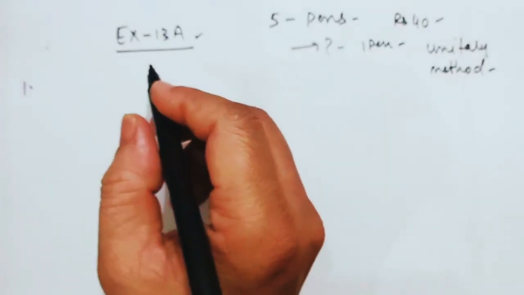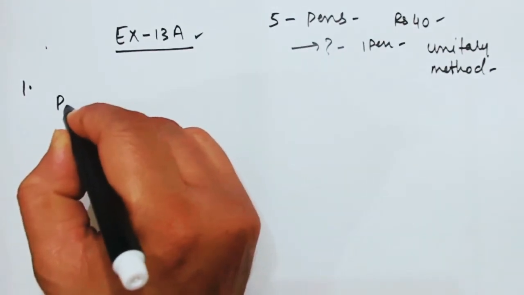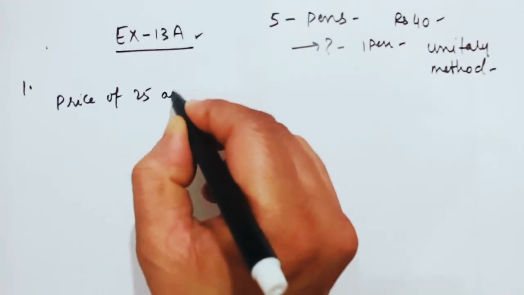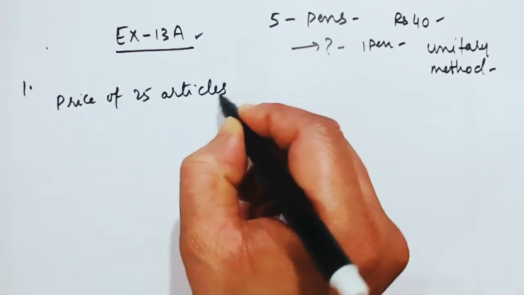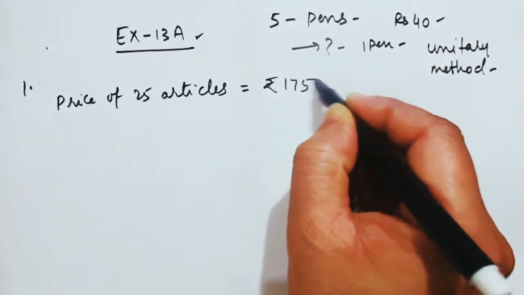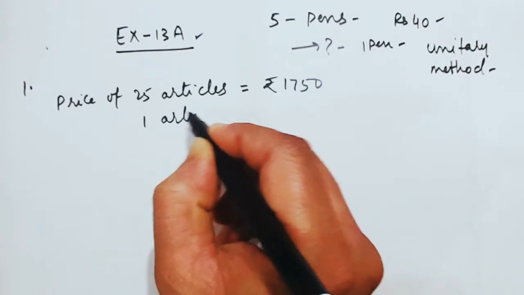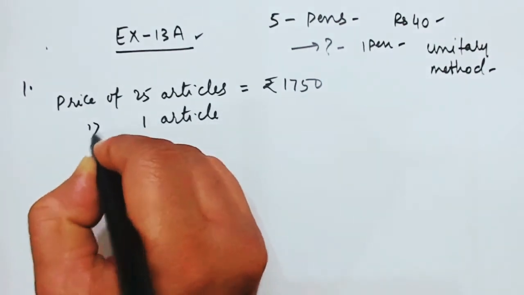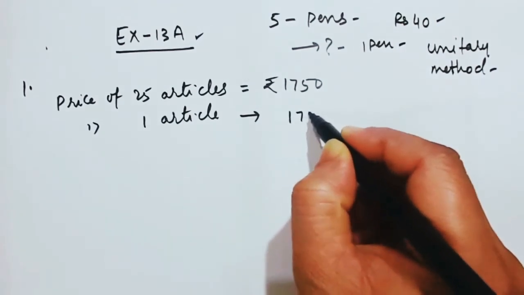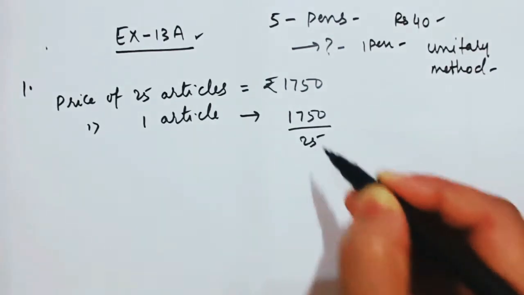So let's start number 1 without wasting any time. Price of 25 articles. The first thing is how you write the statement. Price of 25 articles is equal to rupees 1750. So the price of one article will naturally be less, and when it is less, you will have to divide by 25.